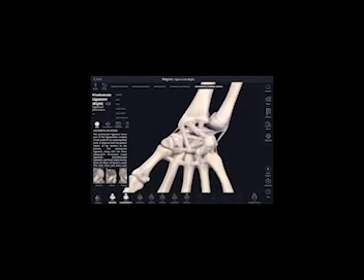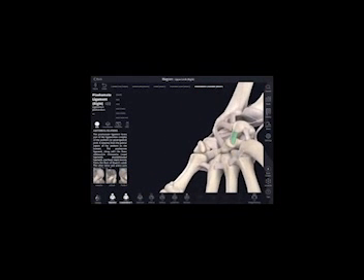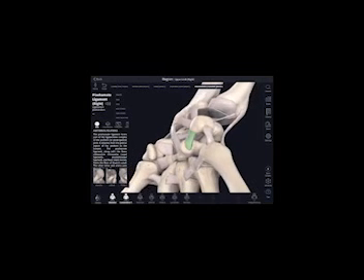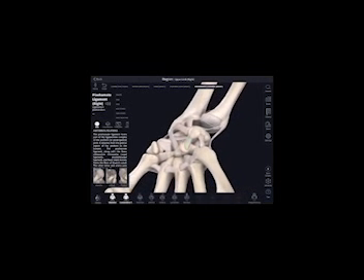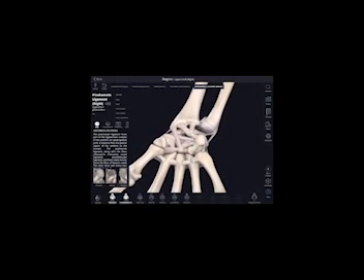If I rotate here, you notice the pisohamate ligament creates a nice tunnel between the pisiform and the hook of the hamate. These two protrusions on the medial aspect of your palm have this ligament over them, creating a tunnel. We'll talk later about what runs through it, but briefly, it's the ulnar nerve and artery.